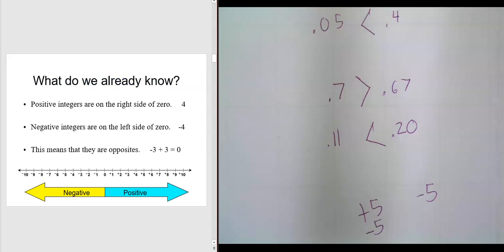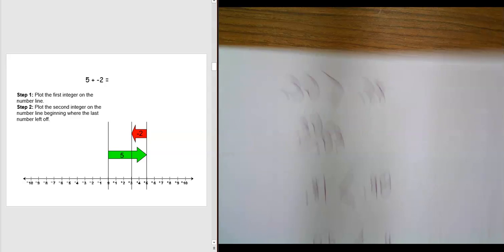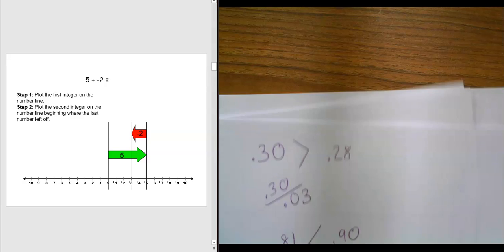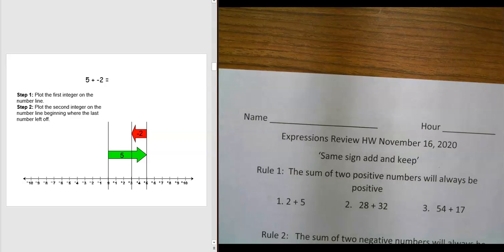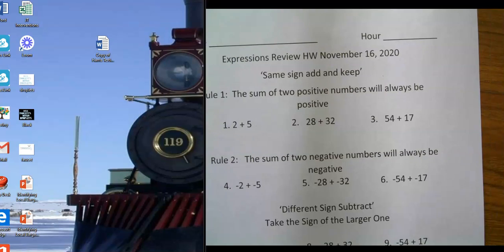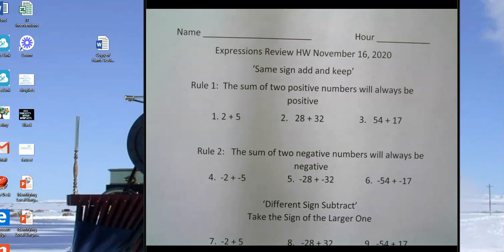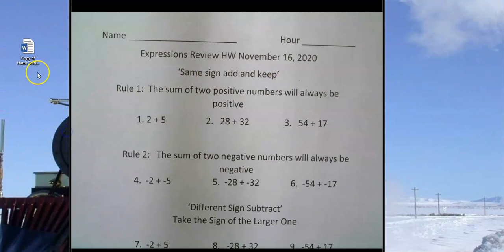Okay, so let's look at some problems. The first one we look at is 5 plus negative 2. We're actually going to jump and not look at that one. We're going to jump over to this one here. First big rule with integers is same sign, add, and keep.